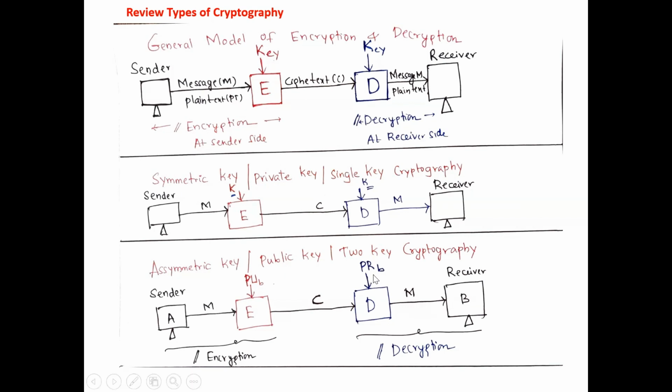So here we operate PR of B in order to get the same message M back. So the name is two key cryptography, public key cryptography, or asymmetric key cryptography. Public key is used for encryption and private key is used for decryption. RSA follows the public key cryptographic approach.